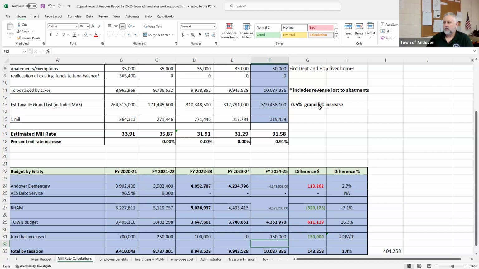No, it's 31.29 to 31.58. So the increase is 0.3, not 0.03. I'm talking about the 21% increase.